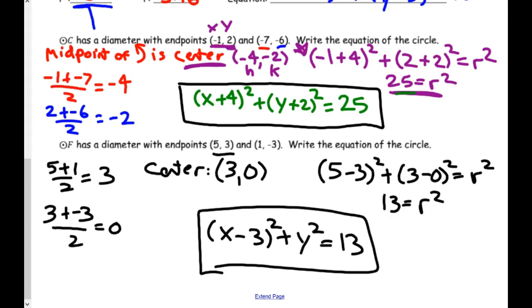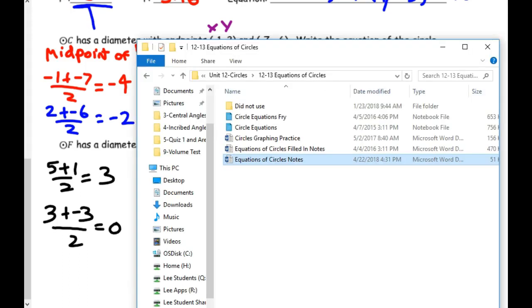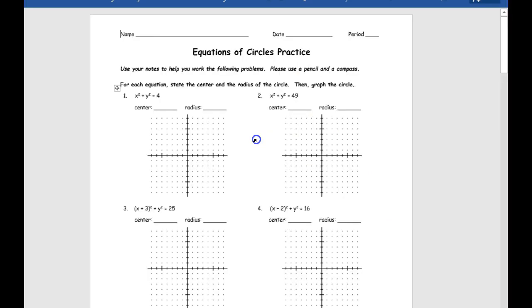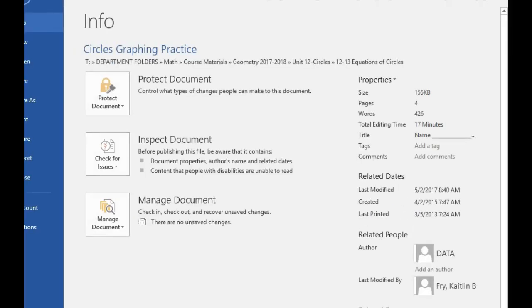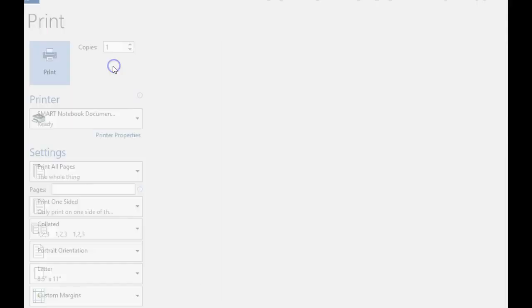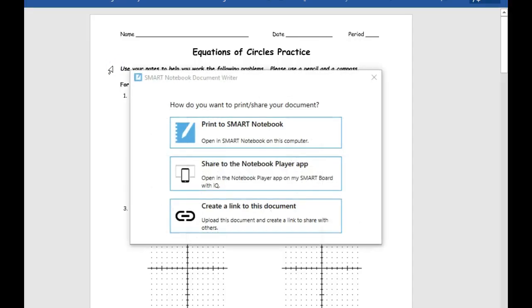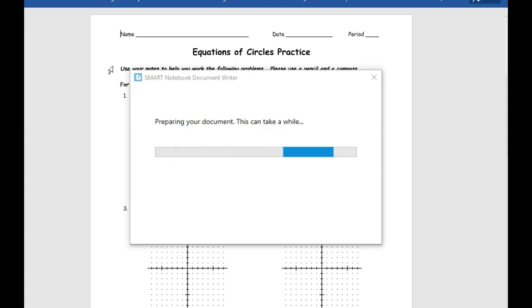Real quick, let's take a look at the assignment, because you're going to have to graph, and I know you don't have a compass, so we're going to do our best when we do this. So let's do number 1 together. That way you have an idea of how we can do this.